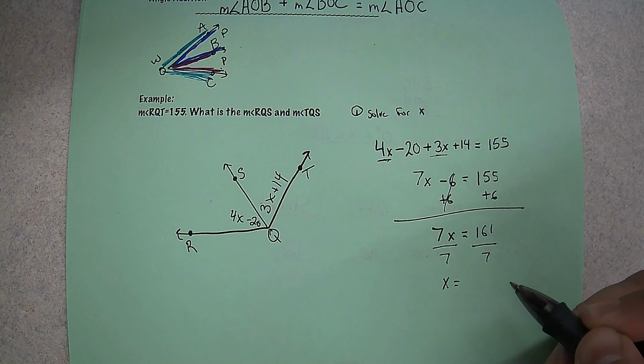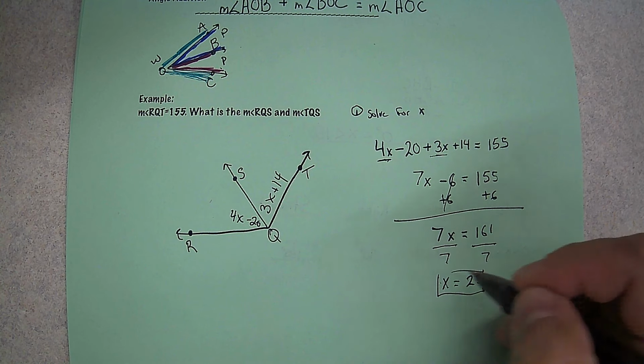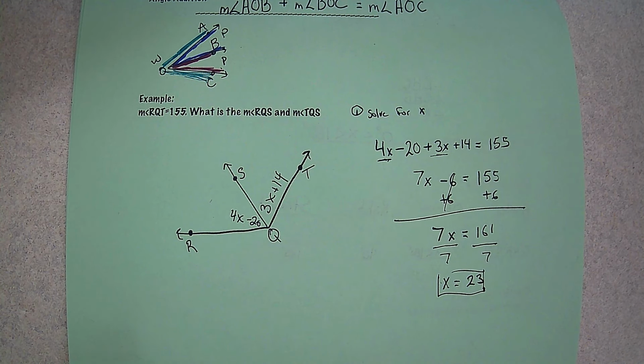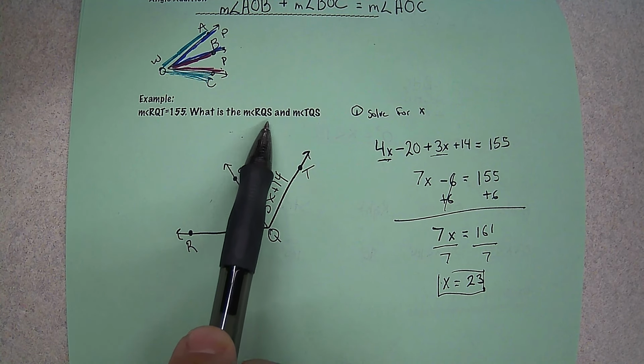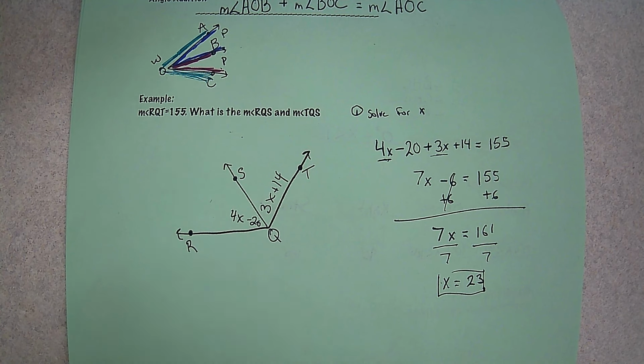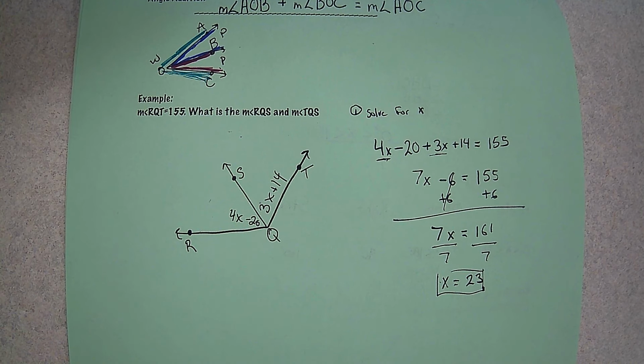X is equal to 23. But that doesn't tell us what those angle measures are, because the question says, what is the measure of angle RQS and TQS? So we must plug in the information that we know back here to figure out those.